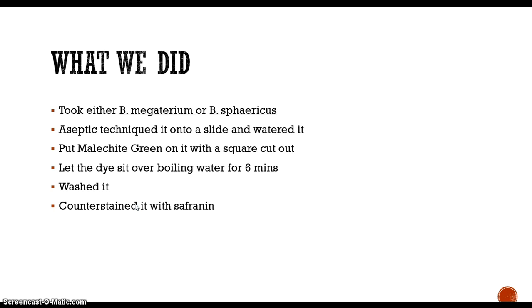What we did in the experiment was we took endospore forming cells, Bacillus megaterium and Bacillus sphaericus, and we did an aseptic technique on it, and we put that on a slide, and then we watered it because it was from a solid medium.